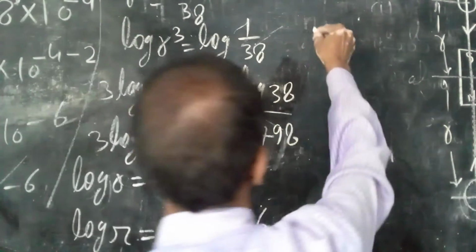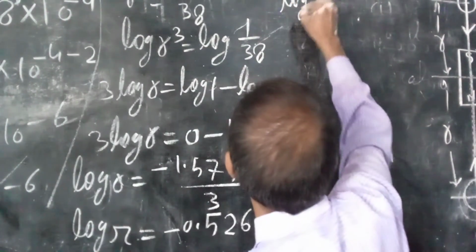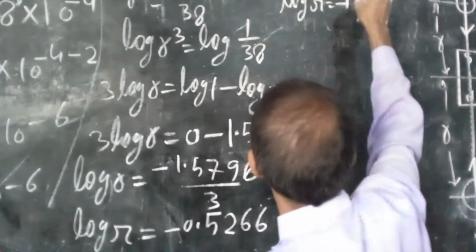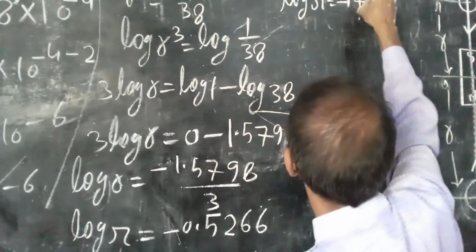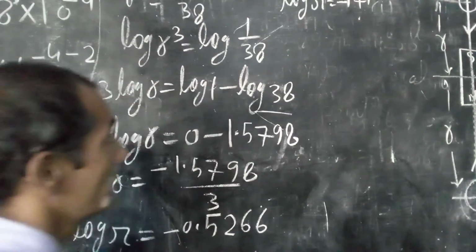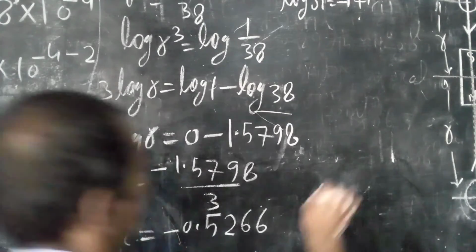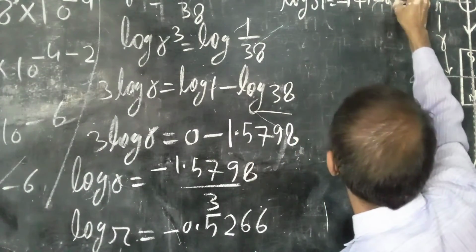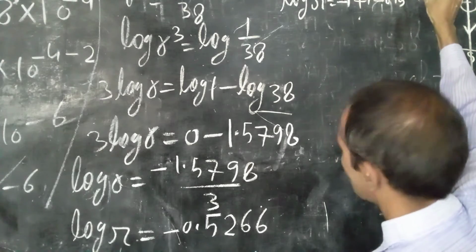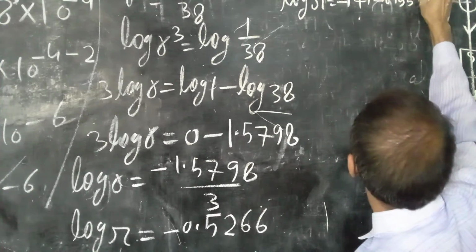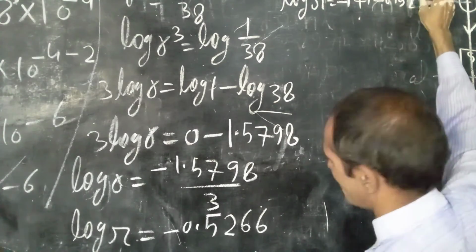Then log r is equal to minus 1 plus 1. When we write minus 1 plus 1, we get 0, no change in the value. Minus 0.5266.